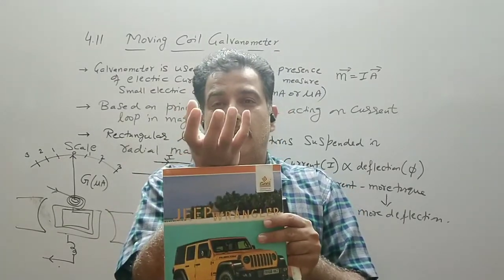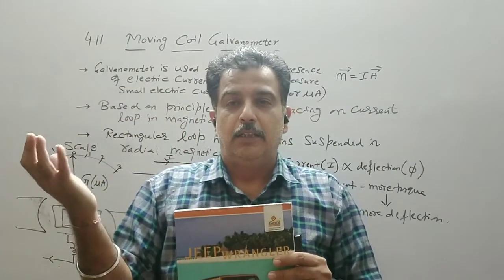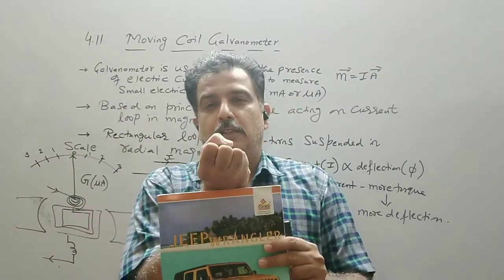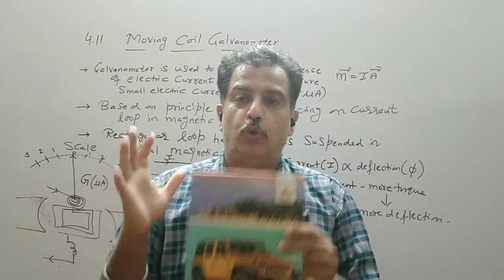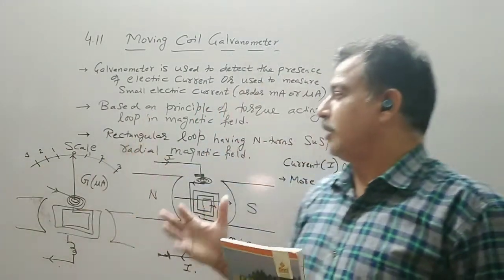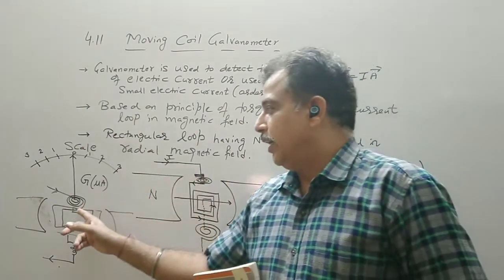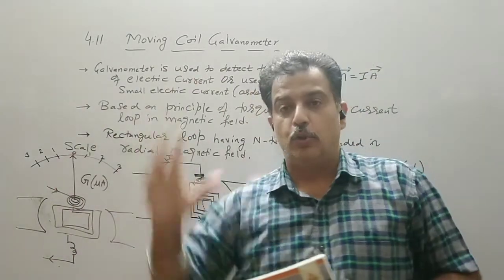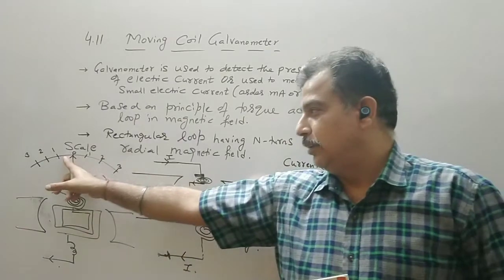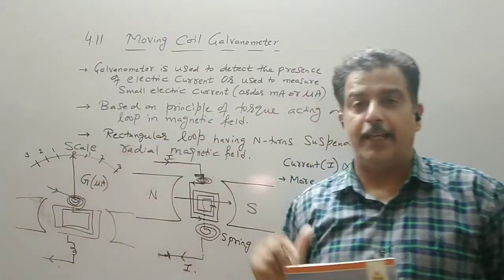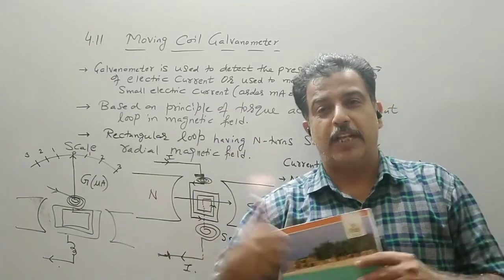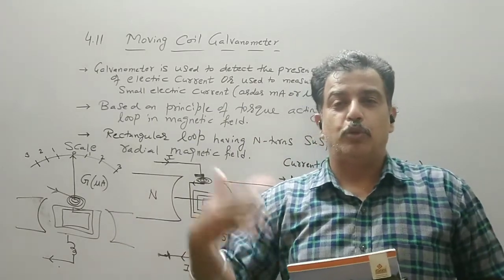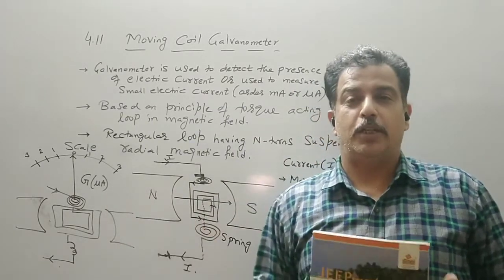So when we switch off the current, this spring will open up and bring the coil back to its original position, because as soon as the current is switched off, this pointer comes back to the zero. This is our scale. So we have a restoring force. When we stretch or compress a spring, the opposing force is there, which is called a restoring force.